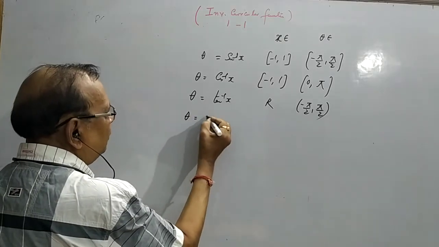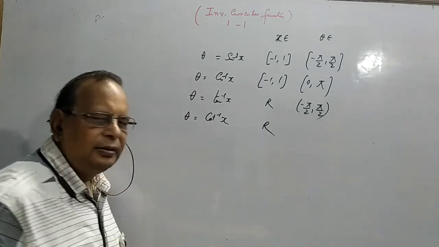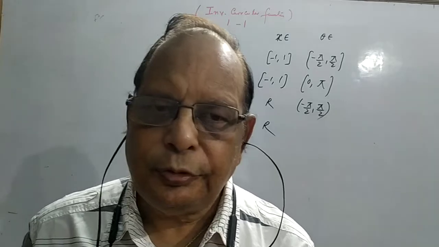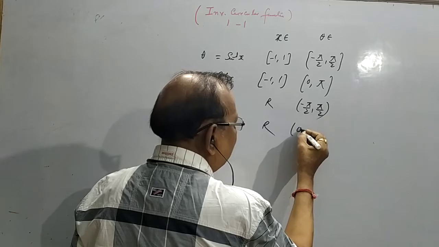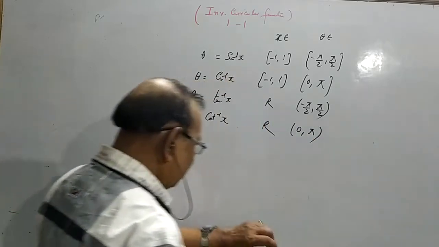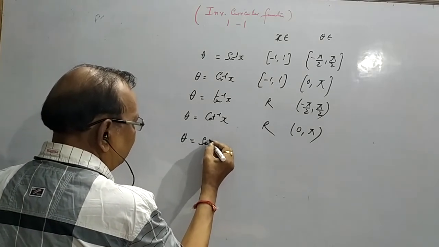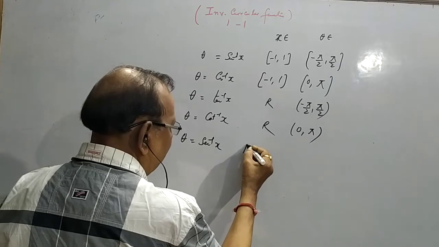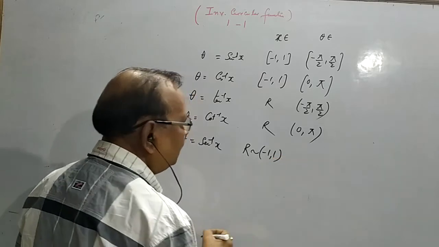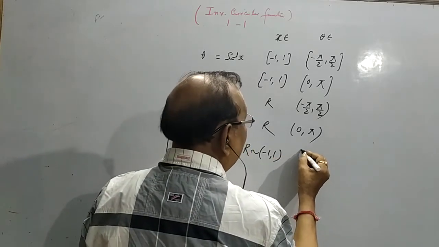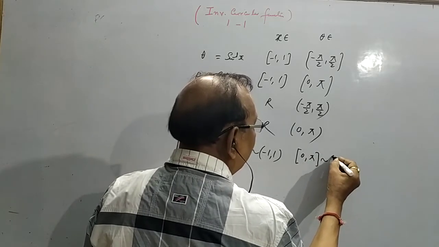Now, theta is equal to cot inverse x. That is, x takes all real values, and theta lies between 0 and pi, you must know. Now, theta is equal to sec inverse x, x real, excluding all values between minus 1 and 1, and theta lies between 0 and pi, excluding pi by 2.